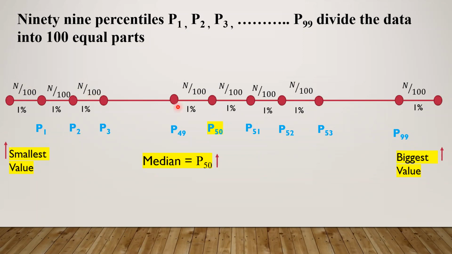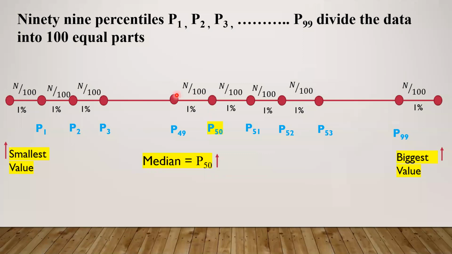Now I am interested in P50. If I ask you how many values are less than P50, you have to look at the left side of P50. It is 1%, 1%, 1% up to here, so it is 50%. n upon 100 up to 50 times will give you 50n upon 100, that is n by 2.